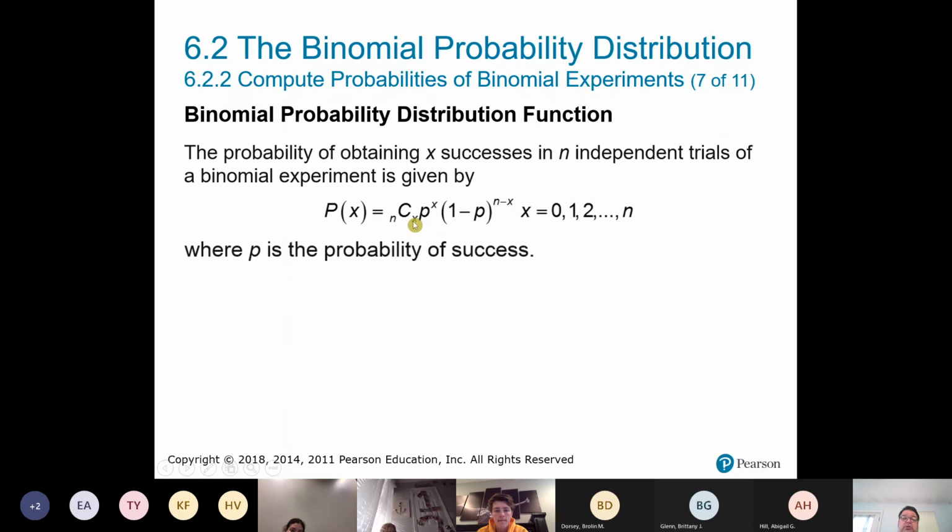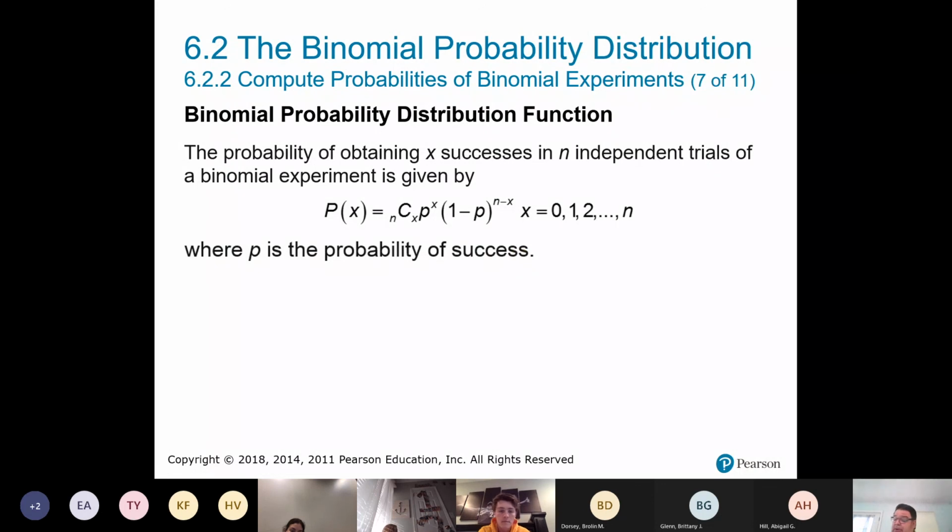N combination x times p to the x power. 1 minus p is the same thing as q. Q to the n minus x power. That's the formula that we're going to be using, and I'm going to write it down right here.